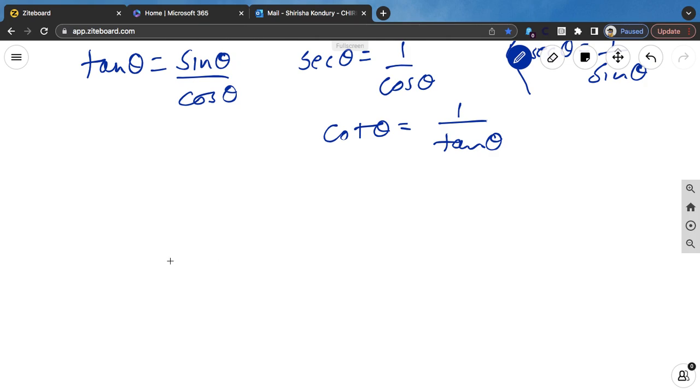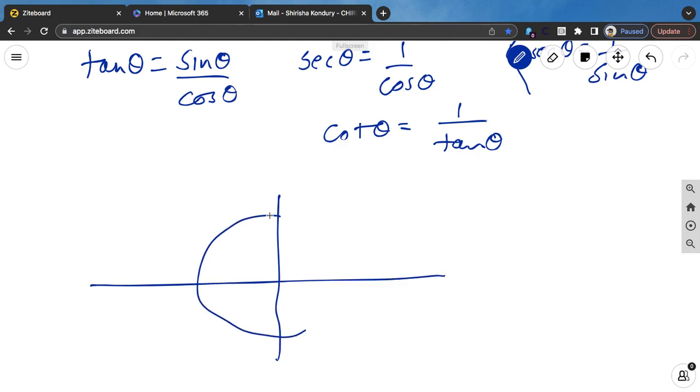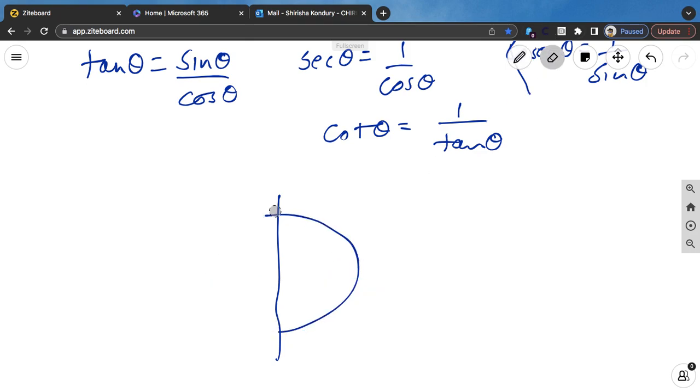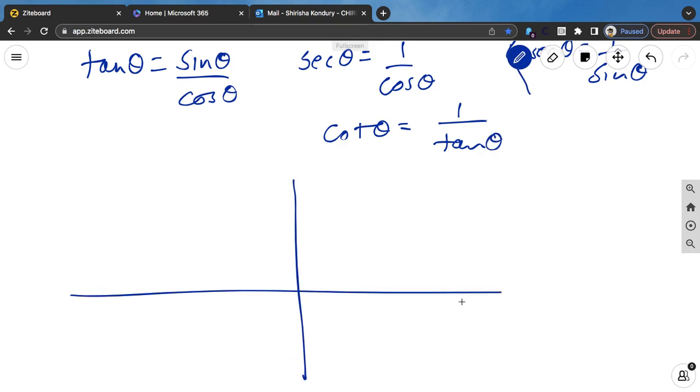Let me now look at why the names sine, cos, and for that I'm going to move to a unit circle. What is the meaning of a unit circle and why? First of all, I'm going along a circle. So understand, if I have a point and I'm trying to move along an angle, I'm making an angular movement.